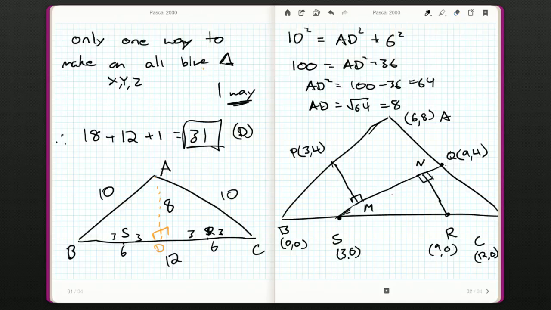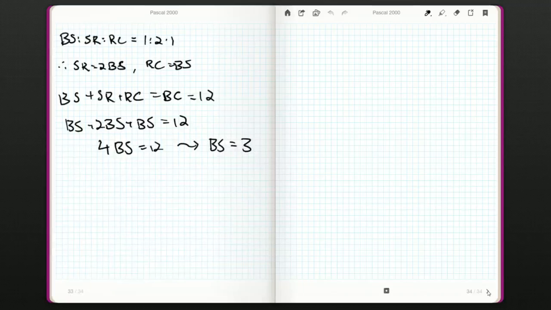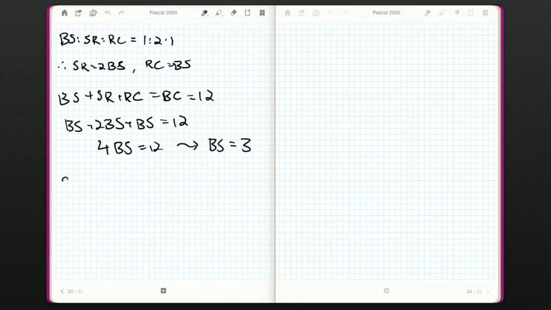Alright, so using these coordinates for S and Q, we can figure out the line SQ and figure out the slope between them. So we have to do sort of rise over run.